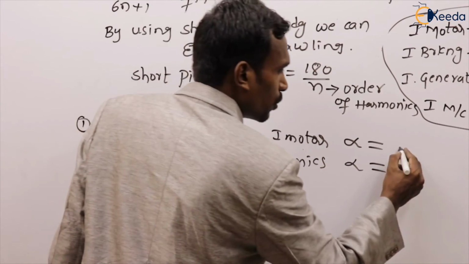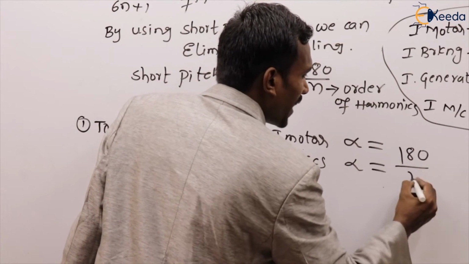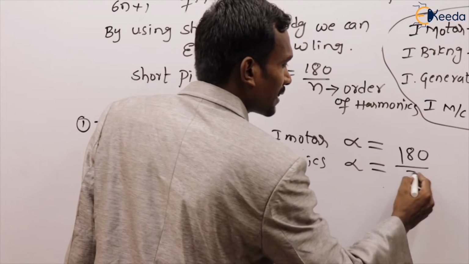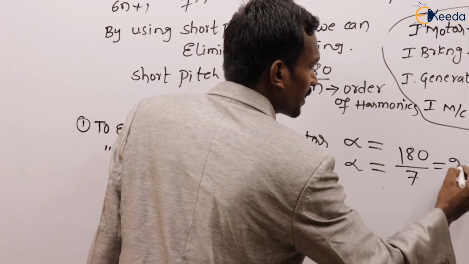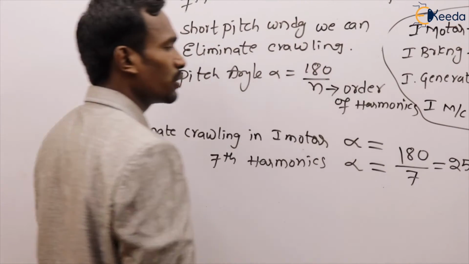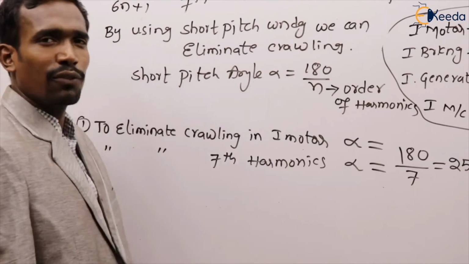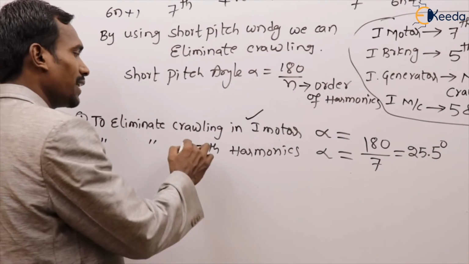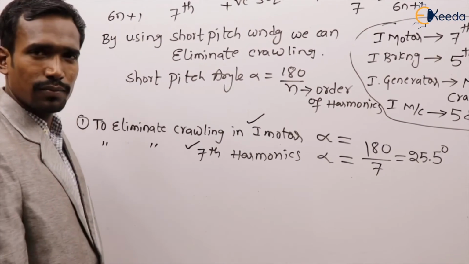Alpha is equal to 180 by n, nothing but 180 by 7, which is 25.5 degrees. If we use 25.5 degrees of alpha, then we can eliminate crawling in an induction motor, nothing but we can eliminate 7th order harmonics.